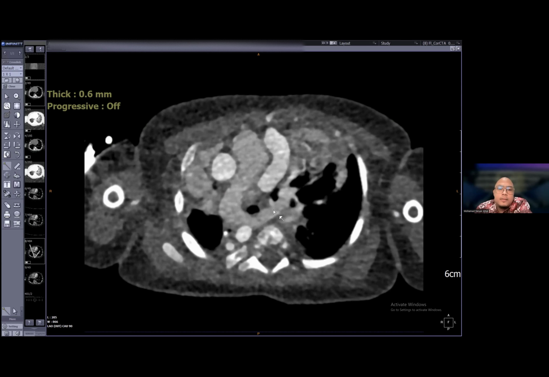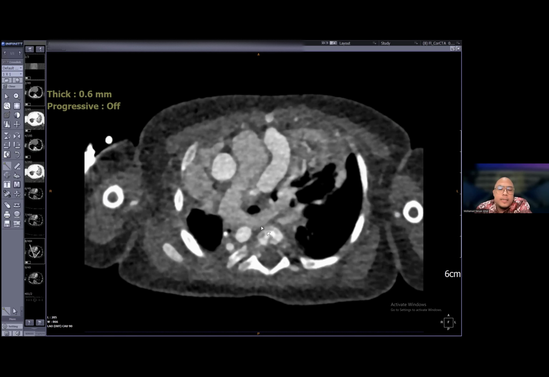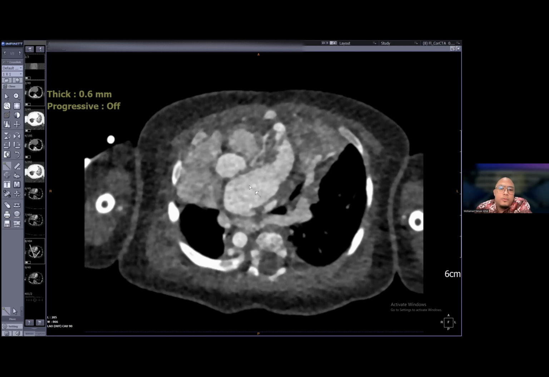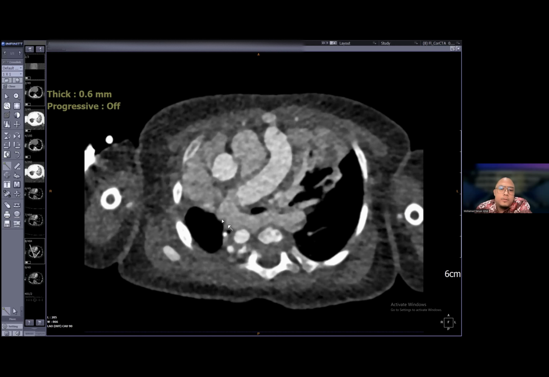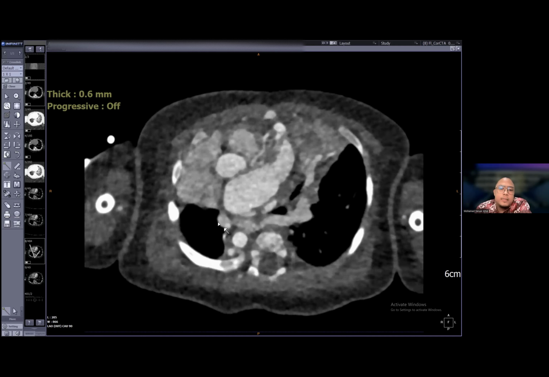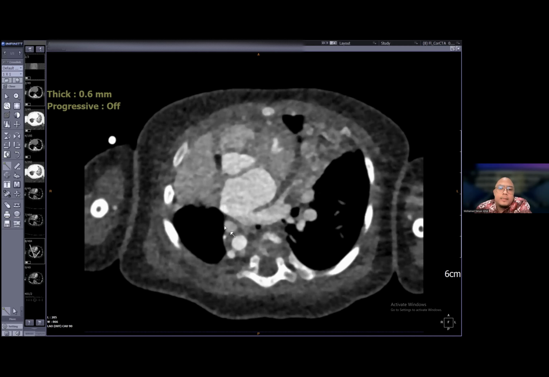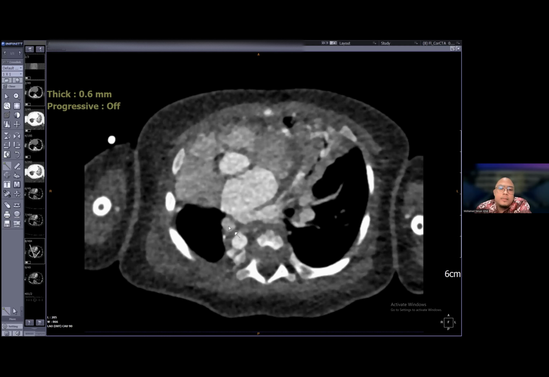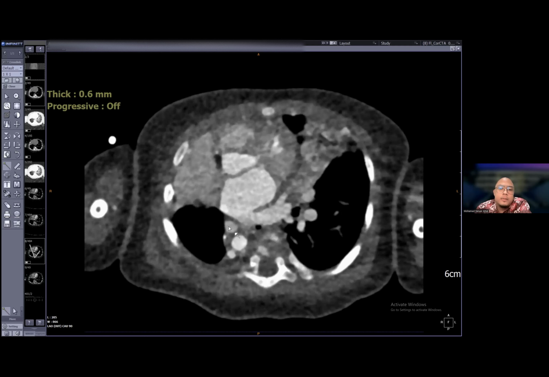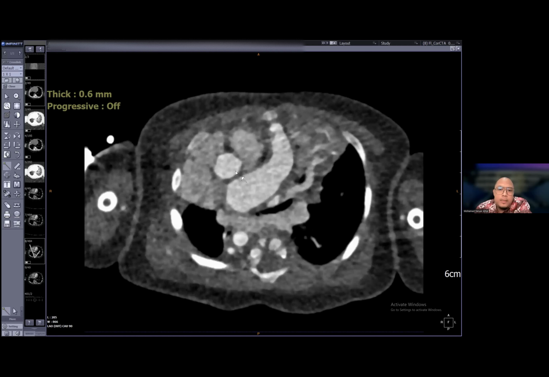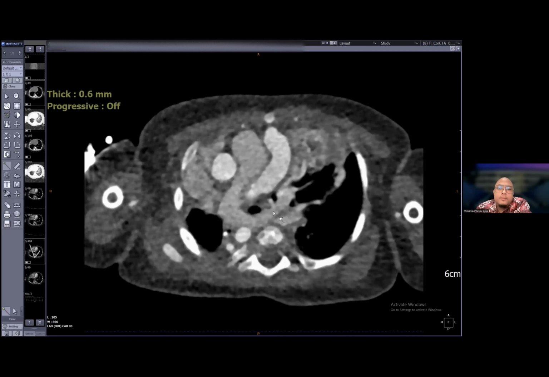So this is the case of a pulmonary artery sling. Actually, this is a left pulmonary artery sling. And also, when we scroll down again to the caudal part, here we can see this is the right pulmonary artery. But since the lungs have anomaly, this is the hypoplastic right lung, with the left pulmonary sling in the posterior.